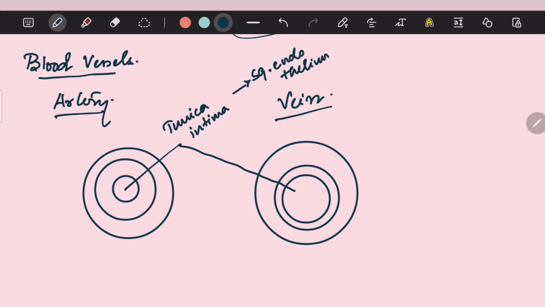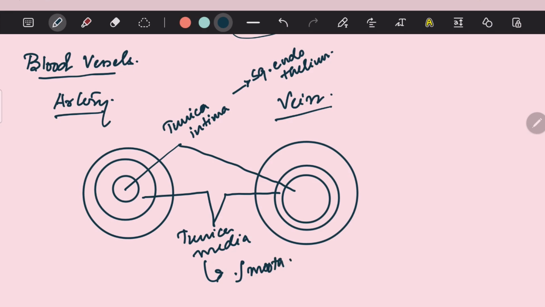If you have some basic idea about the different types of human tissues, you would understand what squamous endothelium actually is. The middle layer is known as the tunica media, and this is basically made up of smooth muscles and elastic fibers.